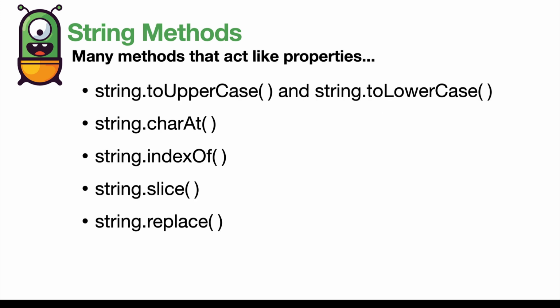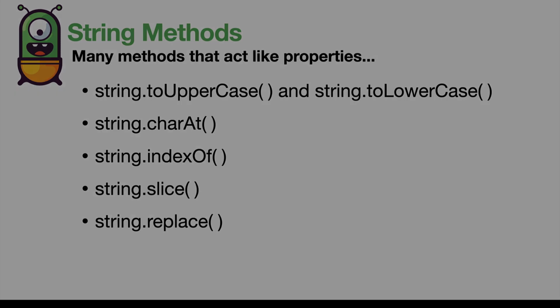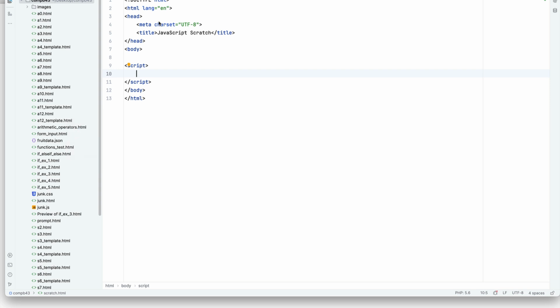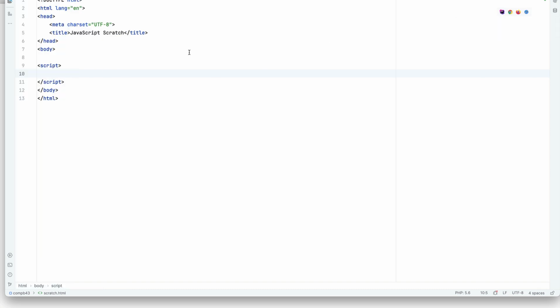So let's look at some methods. String methods are all very interesting and useful. The first two, string toUpperCase and string toLowerCase, are pretty self-explanatory, but let's take a look at those in a live code situation. I'm going to type the code in this little scratch file, and then preview it in Chrome so that we can look at the JavaScript console.